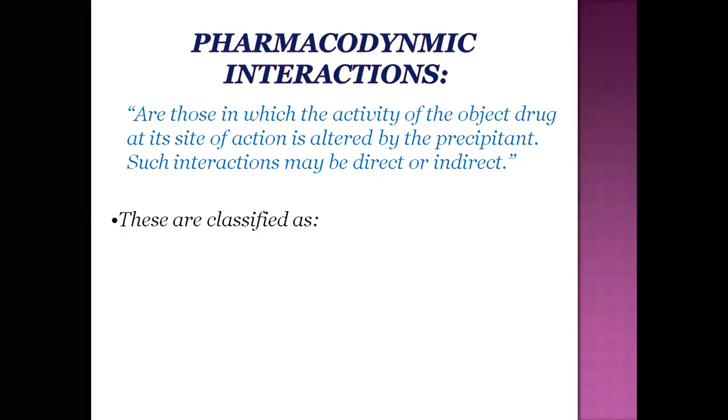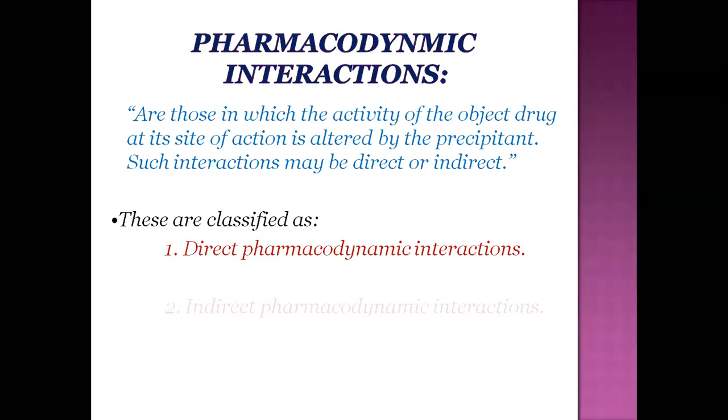These interactions are classified on the basis of direct or indirect pharmacodynamic interactions. In pharmacodynamics, some drug actions give antagonism, some give addition, some give potentiation. On that basis, they are categorized.